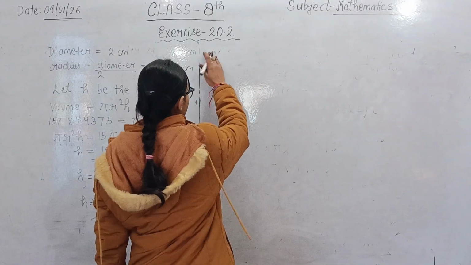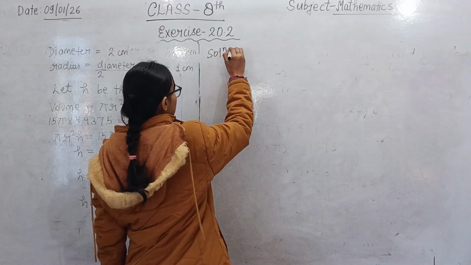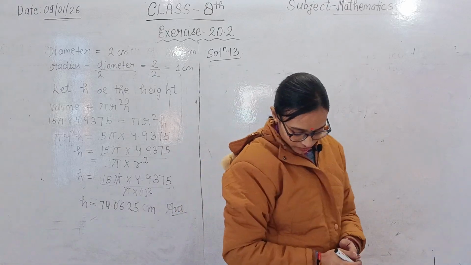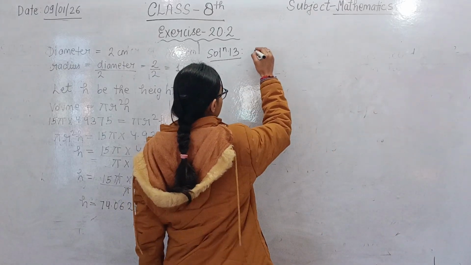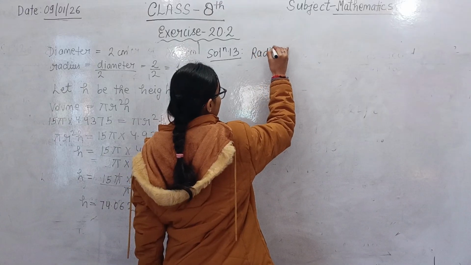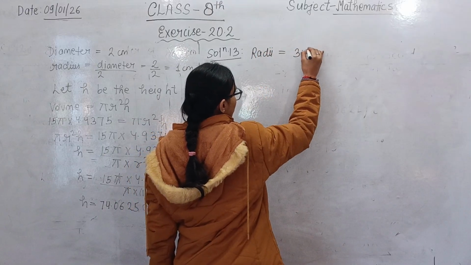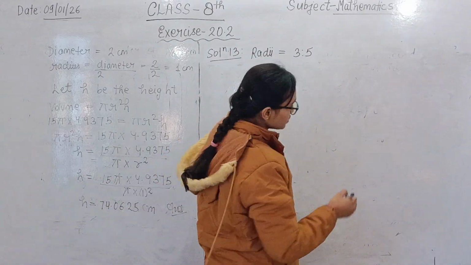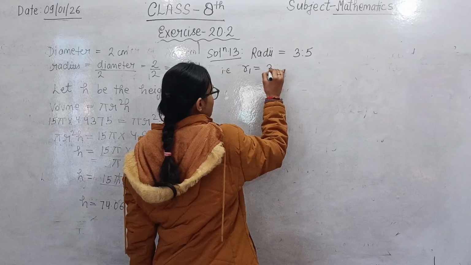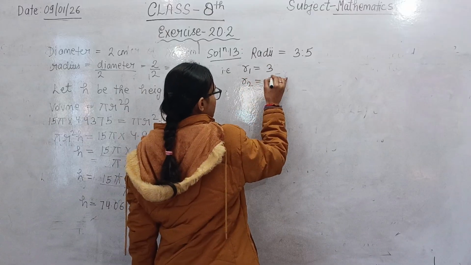So radii is given as 3:5, that is R1 is equal to 3 and R2 is equal to 5.